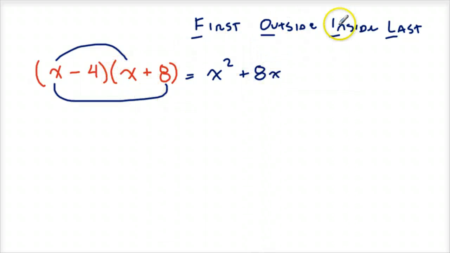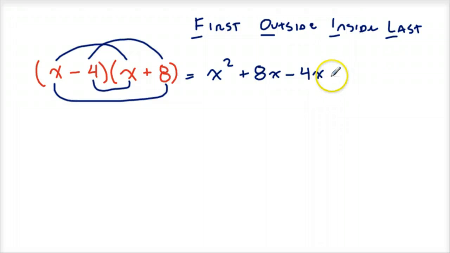Then I'm going to multiply the inside terms. So that's the 4 and the x. And remember that that subtraction sign, x minus 4, really makes this a -4. So that's -4x. So I'm going to say minus 4x. And then I want to look at the last terms in each binomial. So there's my -4 again and my 8.